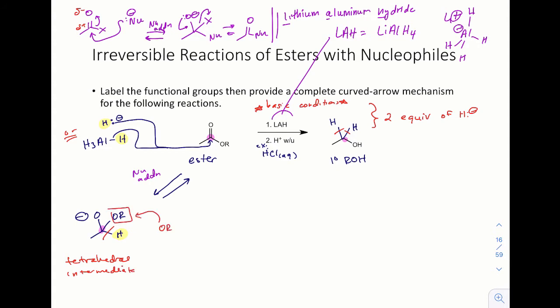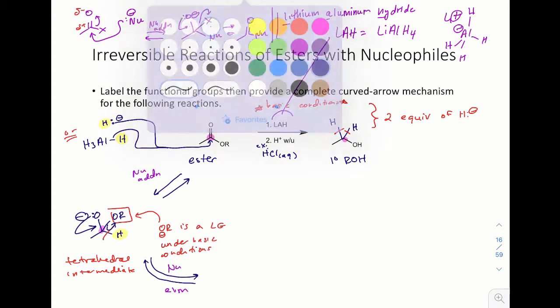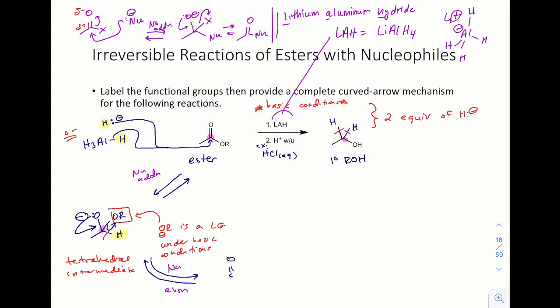Although not a great leaving group, under basic conditions, alkoxide is a leaving group. And nucleophile elimination, lone pair push, collapse of the tetrahedral intermediate, does indeed generate, once again, that carbonyl C=O double bond, which is quite strong. And this is certainly entropically favored as well, as it releases a molecule of alkoxide.